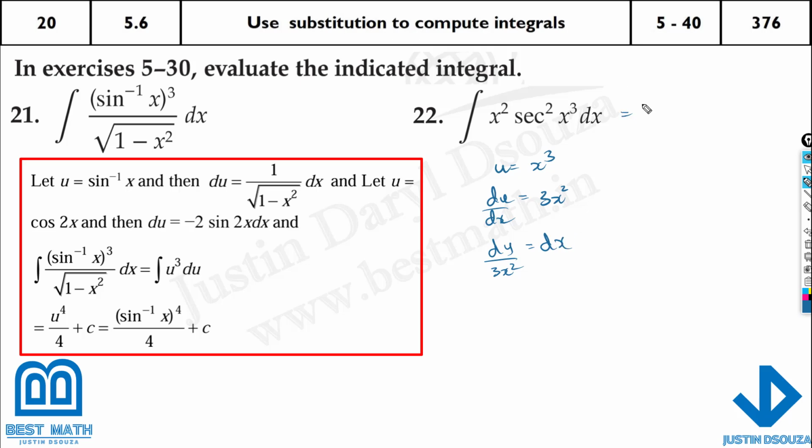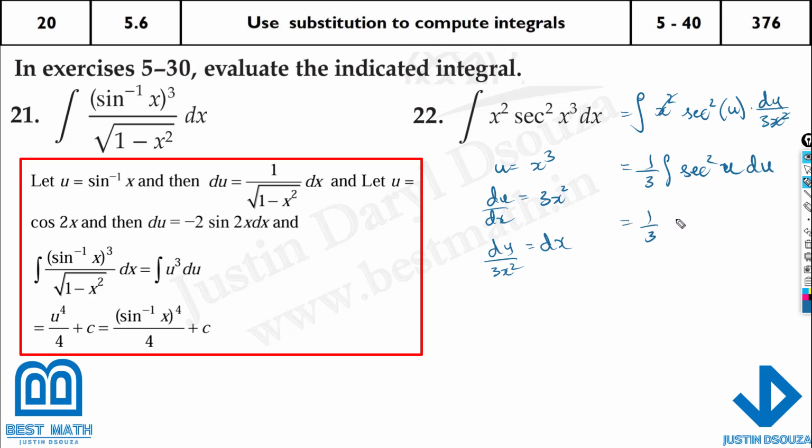Now let's substitute everything back in the given question. x squared secant square u, not x, times dx will become du by 3x squared. This x squared cancels. Now everything is in terms of u and a number. The number outside, 1/3, is taken outside, it will be secant square u du.